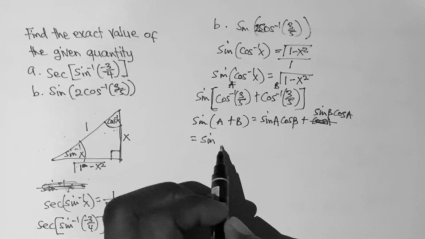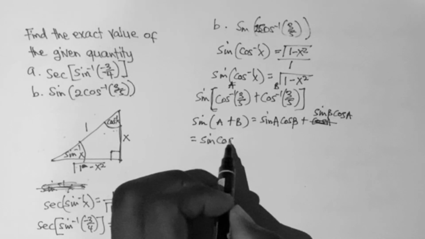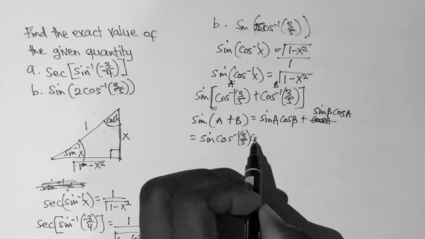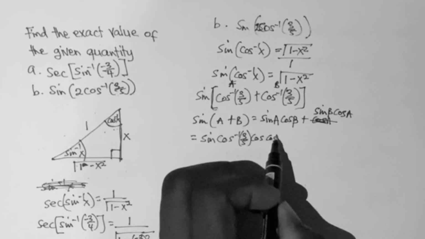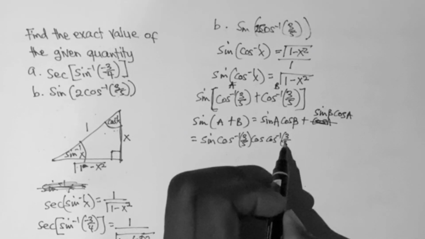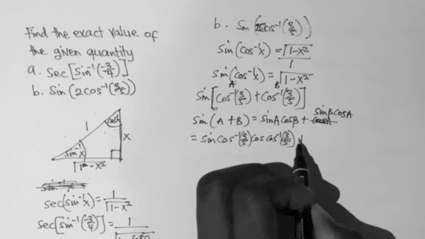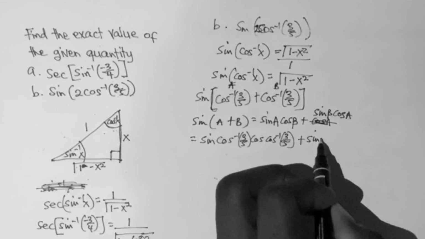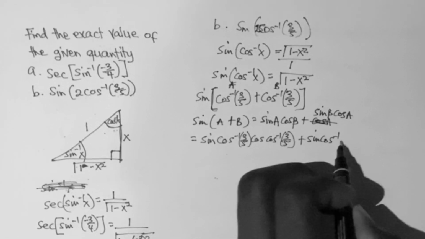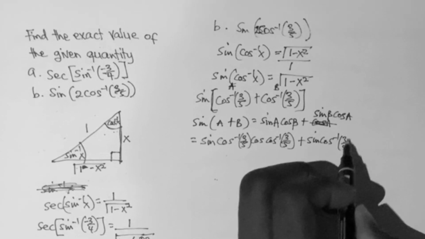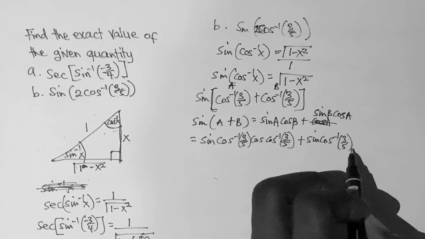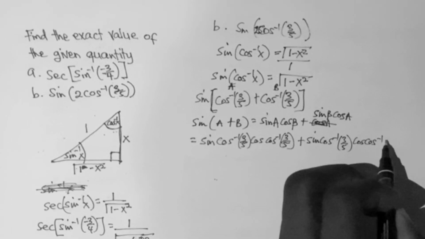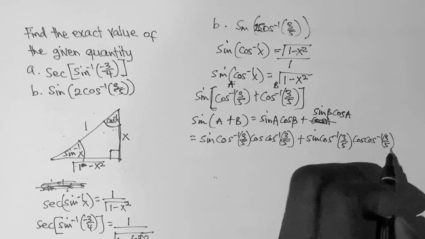So it's going to give us sine of cos inverse of 3 over 5, then cos of cos inverse of 3 over 5, then plus sine B, so sine of cos inverse of 3 over 5, then times cos of cos inverse of 3 over 5.